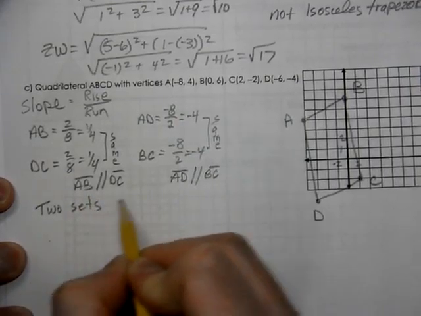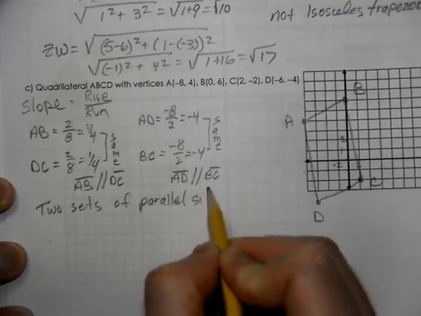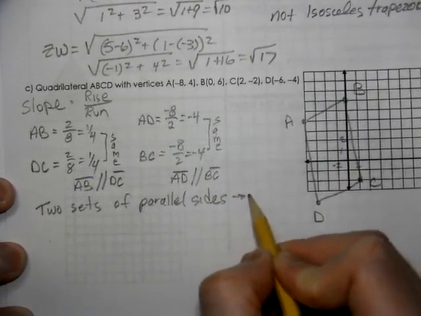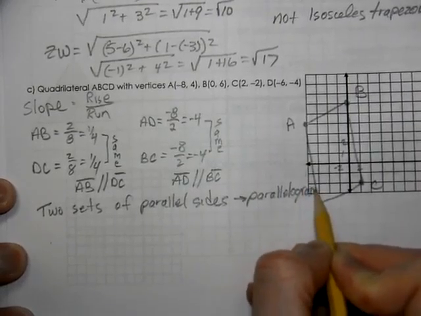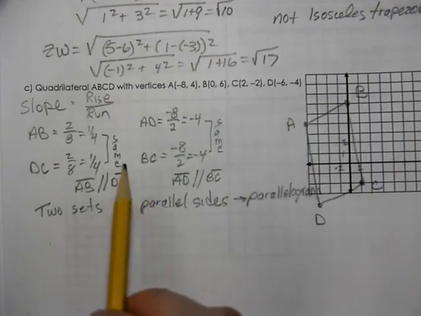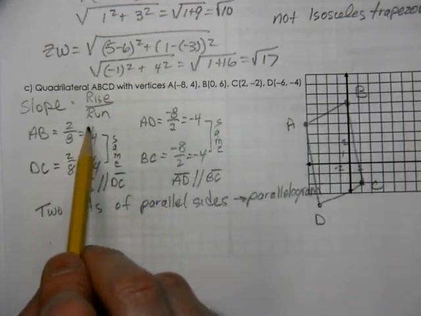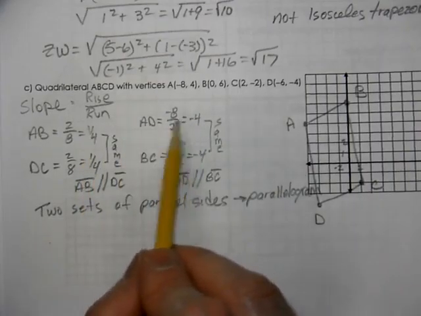Two sets of parallel sides. That gives us a parallelogram. Now if you look closely at the slopes, this one is 1/4. This one could be written as 4/1, and the signs are different.